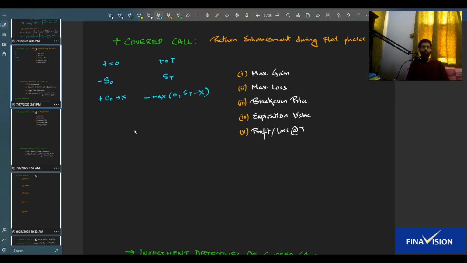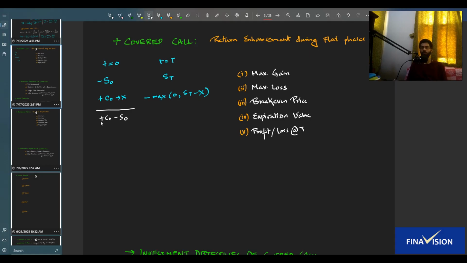Now, we take different scenarios to understand the maximum gain, the maximum loss, the break-even price, the expiry value, and the profit or loss at expiry. Let's go one by one. Initially, the net cash flow at T = 0 is +C0 minus S0.